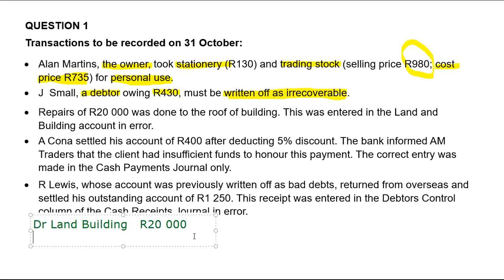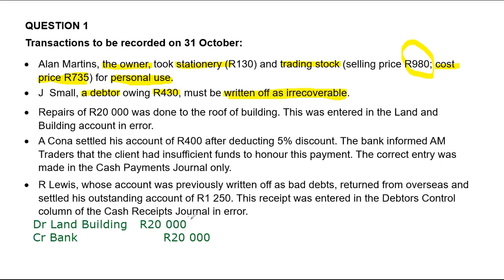And I don't know how those repairs were paid for, but I will assume that repairs, you will normally credit bank because I don't think you'll owe someone repairs. So this is what could have happened, right? And I just want to show you here what this means, guys.